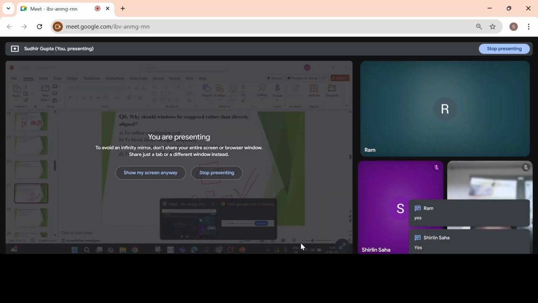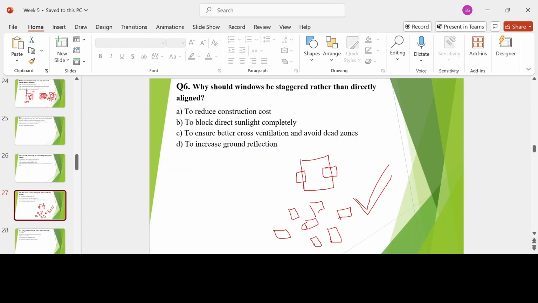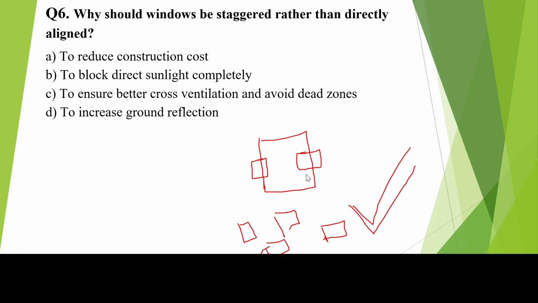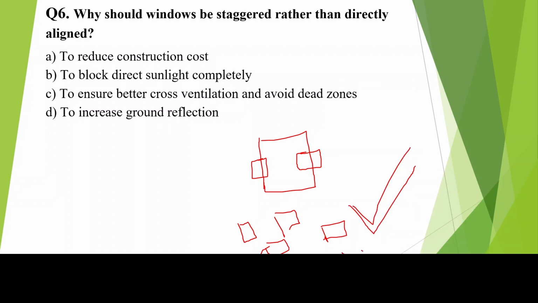So let's see how many of you know the answer. 6C has been marked first. Ram is the first to mark the answer, followed by Celine. So 6C says this kind of staggered arrangement will help you get better cross ventilation. As you can see, whenever the wind comes, it will pass through and you will be getting more proper cross ventilation, and it will avoid the dead zones.